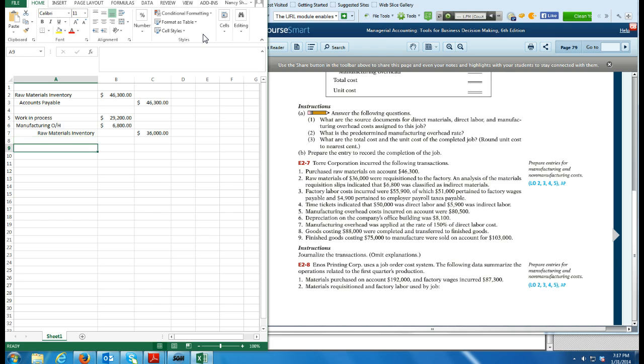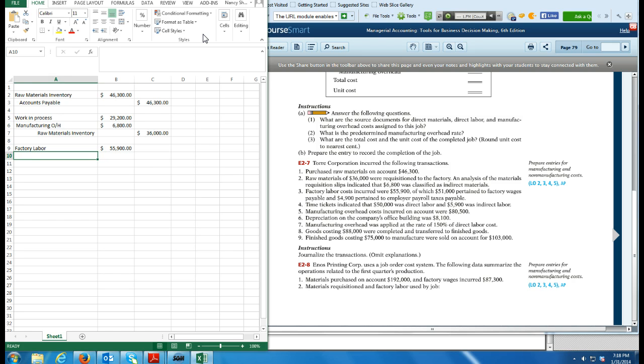Okay, our next transaction: factory labor costs incurred were $55,900, of which $51,000 pertained to factory wages payable and $4,900 pertained to employer payroll taxes payable. So what we'll do here, it's always going to be a debit to factory labor of the amount of $55,900.